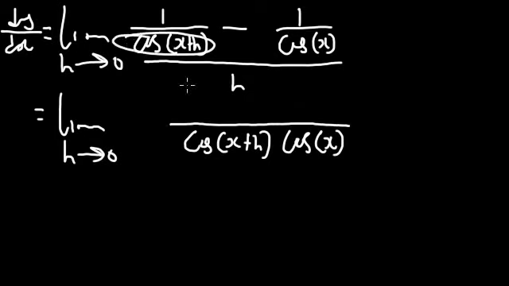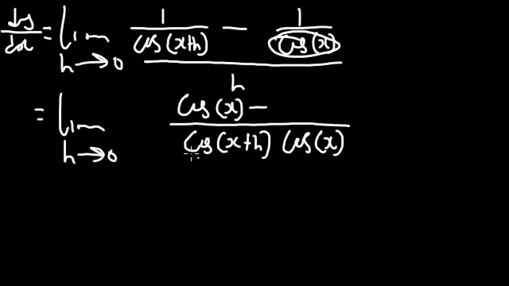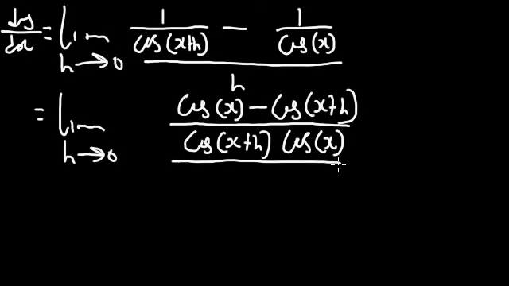Now cosine of x plus h in this entire expression gives us cos x, and if we multiply by 1, we have cos x back. Then we have the minus sign. Cosine x in this gives us cosine of x plus h, and multiplying by 1 gives us cosine of x plus h. Good. Now, don't forget we still have division by h.